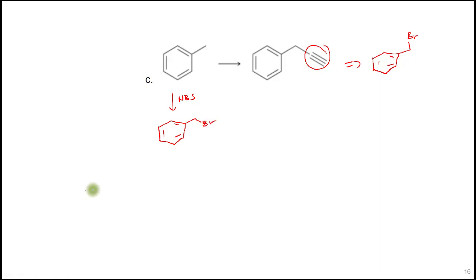And then I can take acetylene, then I attack that benzylic carbon, and we get the target molecule. All right, and those are the chapter 18 extra problems.